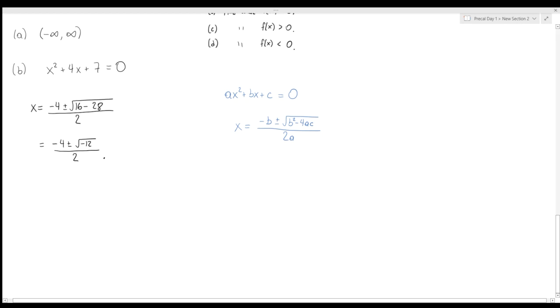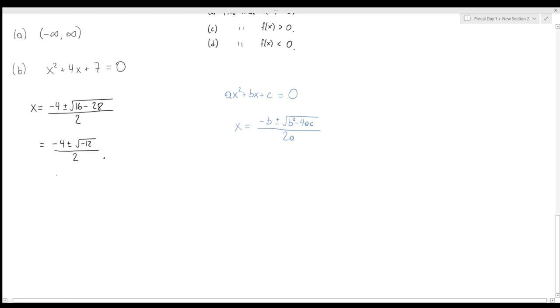Okay, so maybe the reason why you guys aren't talking is because you notice that we have a negative number under the square root. And so you can't take the square root of a negative number unless you want to work with imaginary numbers, okay?